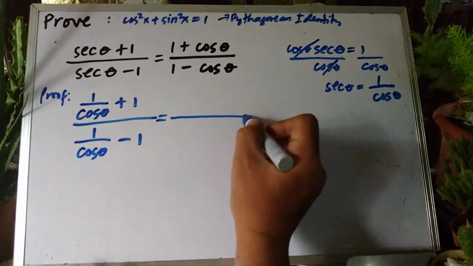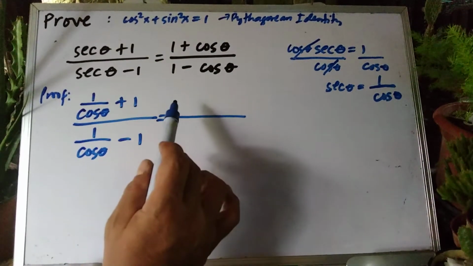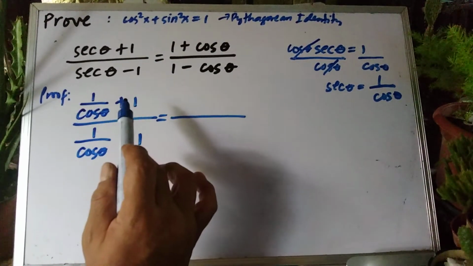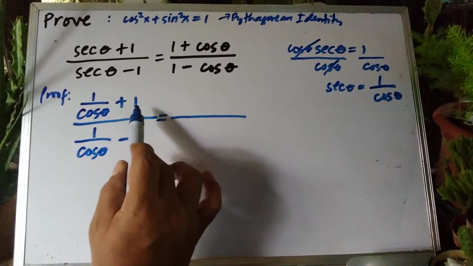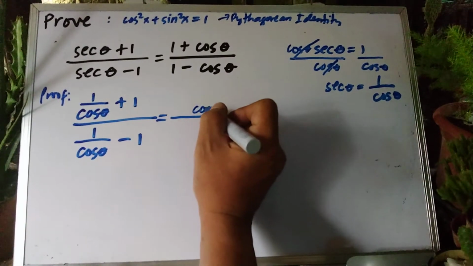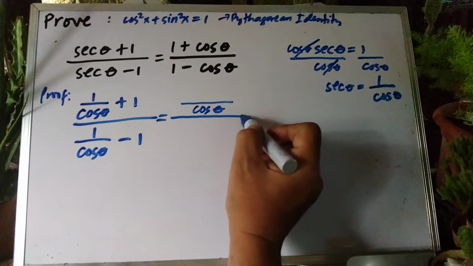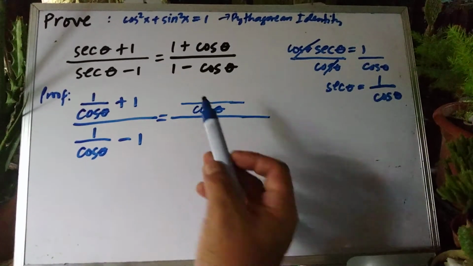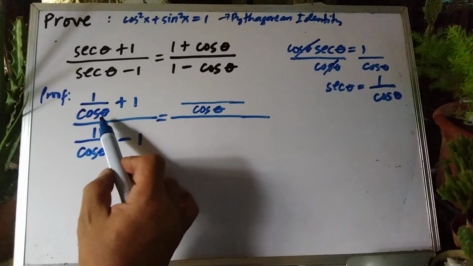Now, magpatuloy tayo. So, we operate first the numerator. 1 over cosine theta plus 1. In this case, pareho lang ito kung mag-a-add tayo ng fraction at saka whole number. So, dito, yung LCD natin is cosine theta. Cosine theta, i-divide natin sa first denominator is 1.